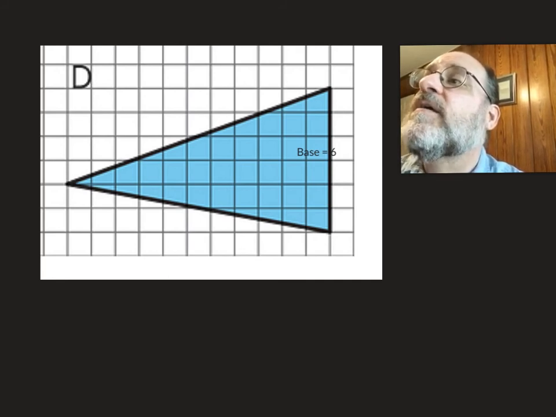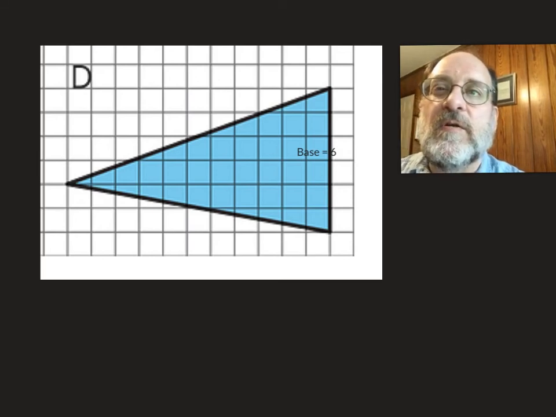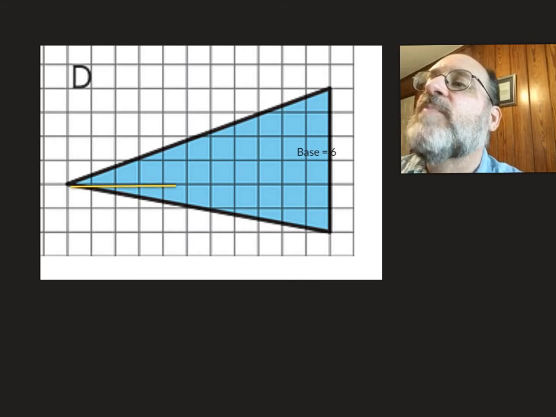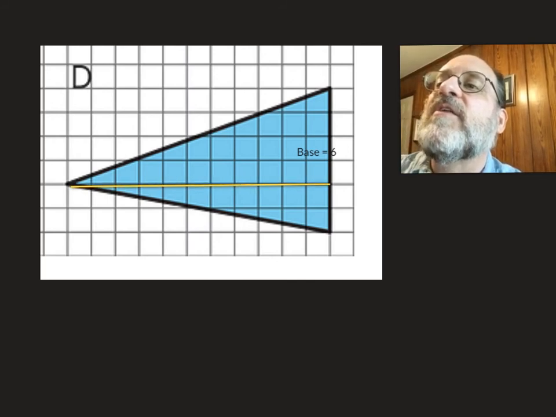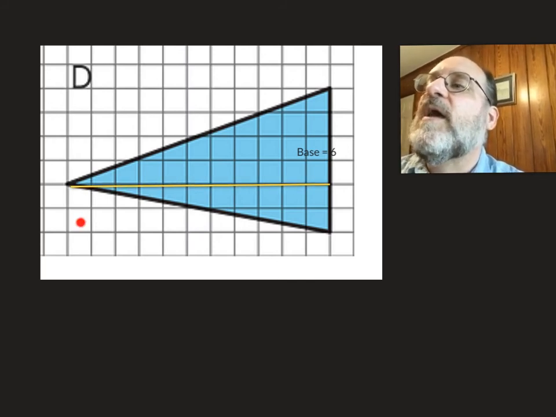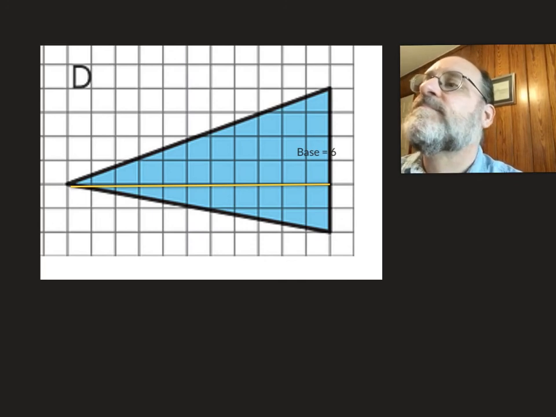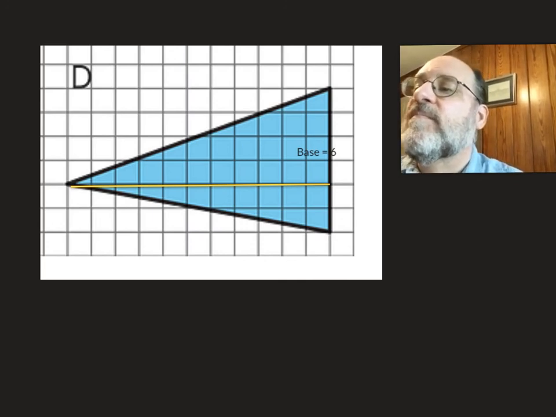Angles aren't perpendicular. Lines are perpendicular to each other. So here's my line right there. Those 2 line segments are perpendicular. We do a count. 1, 2, 3, 4, 5, 6, 7, 8, 9, 10, 11. And we label that height.